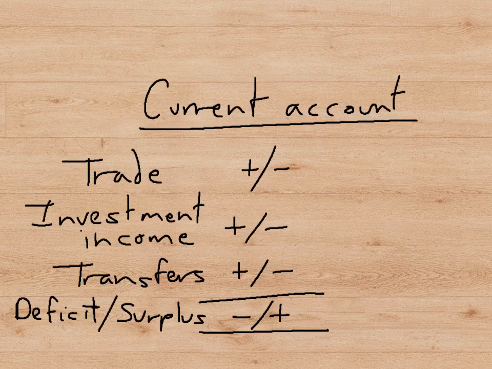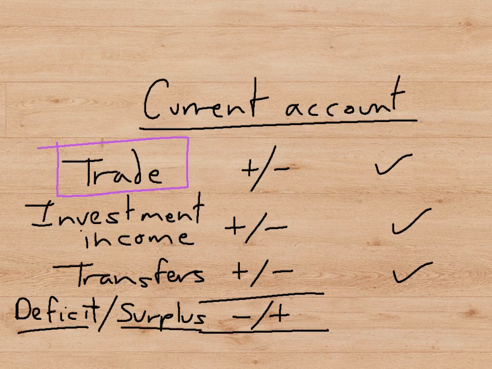So we've seen that the current account of the balance of payments consists of three sections: trade, investment income, and transfers. Each of these sections can have a plus or a minus sign, and overall the current account can have a minus, which is called a deficit, or a plus, which is called a surplus. It should be noted that by far the biggest element of the current account is the trade element.